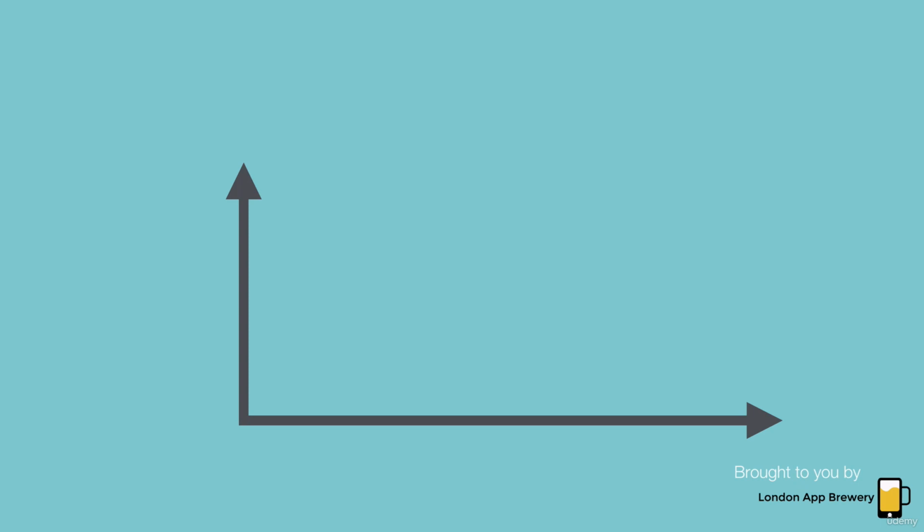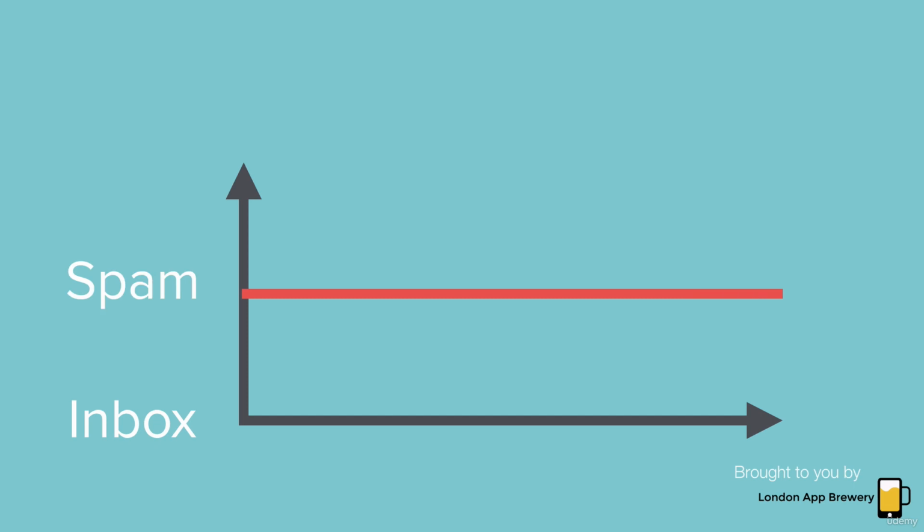Now let's look at how a machine might do this. So say if we have a graph where we have a threshold for emails that should go into the inbox and a threshold for emails that should probably go into the spam folder. When you have a spam filter or an artificially intelligent program that is able to differentiate emails that come in, whether they should head to the inbox or to the spam box, then it's kind of binary.